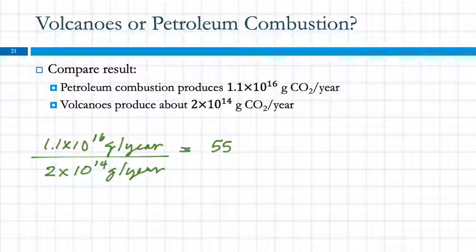So by these estimations, human combustion of fossil fuels produces 55 times more CO2 than volcanoes. That's a lot. That's a big difference. This isn't like 1.5 times or something. 55 times. So combustion of fossil fuels is definitely putting a lot more CO2 into the air than volcanoes.